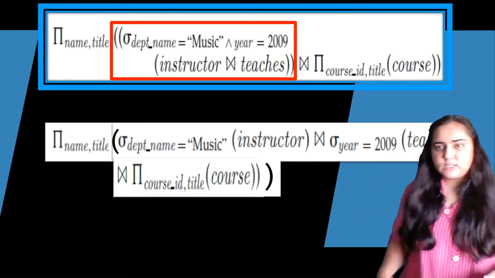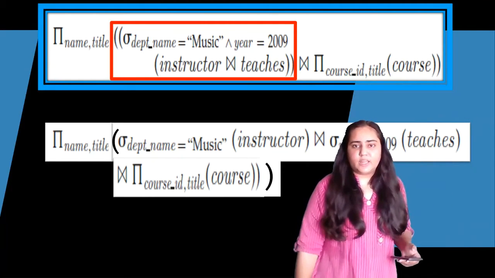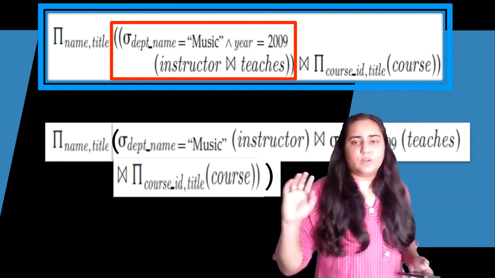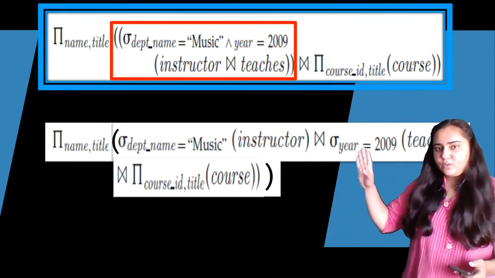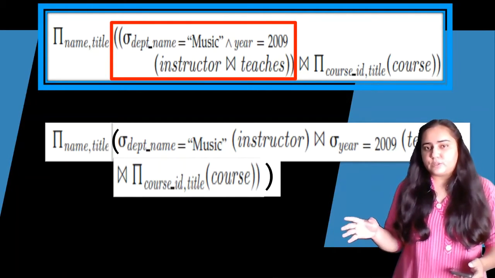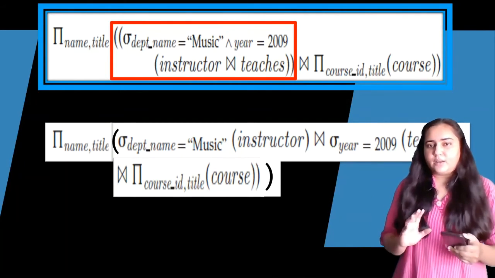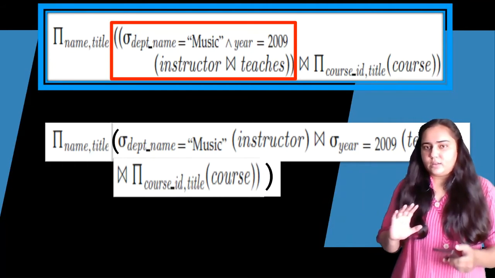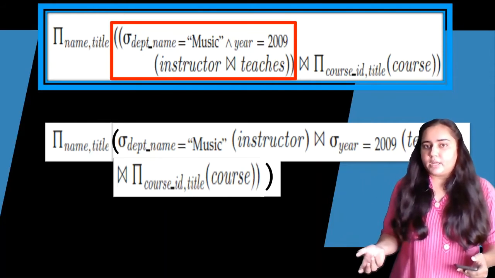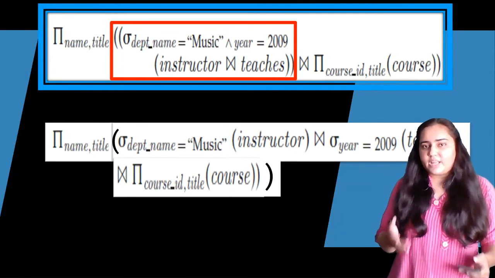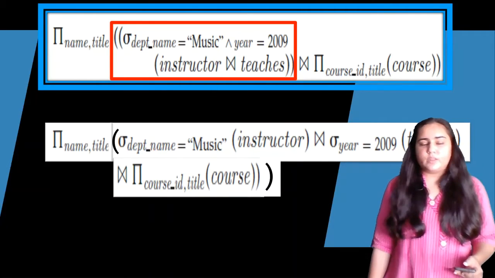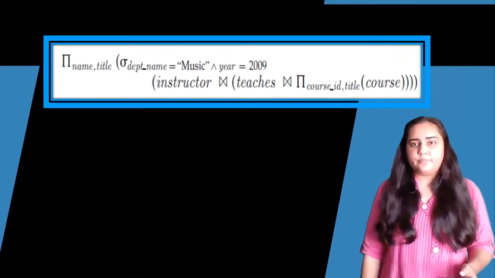And to the teachers table, I have applied the year equal to 2009 condition. So the year equal to 2009 condition is applied only to teachers, and the dept name equal to music is applied only to instructor. Once I've done all this, I've taken a natural join between all three tables after applying pi and sigma. And then from the whole result, I can fetch the name and title, which is what I need to display.